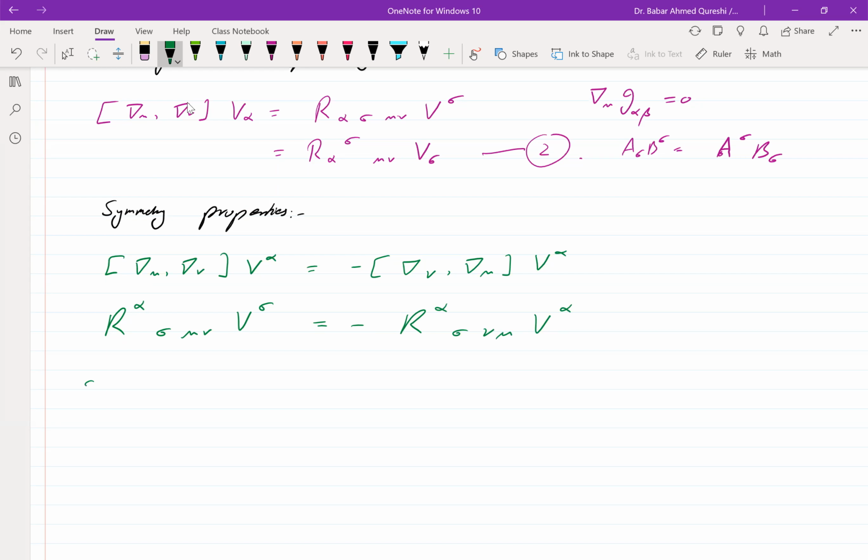Now since this V^σ is arbitrary, by the quotient theorem we discussed last time, this is only possible if it's true for the multiplying tensor itself.